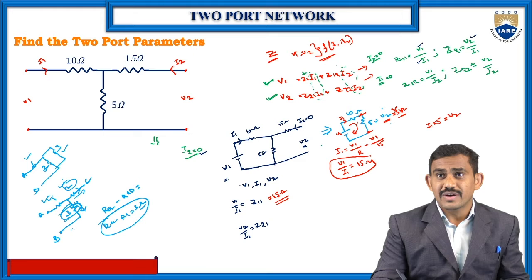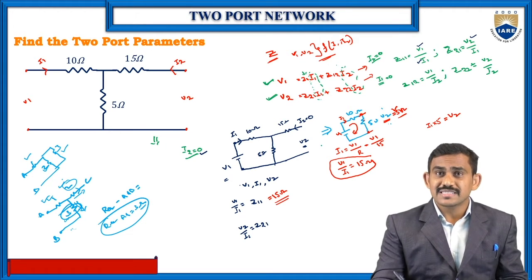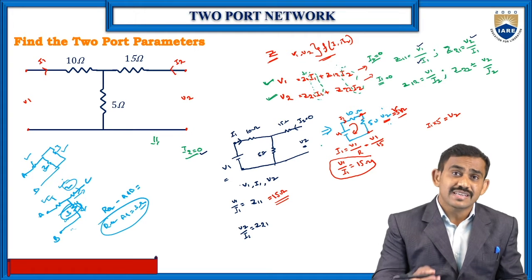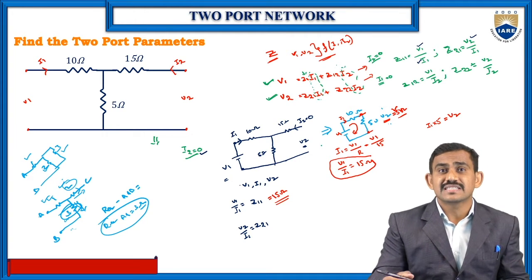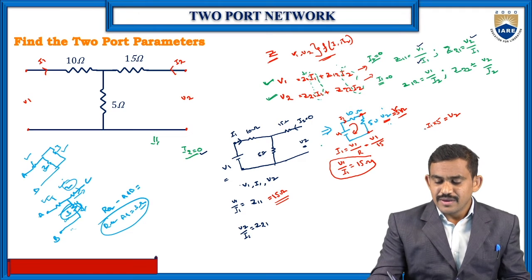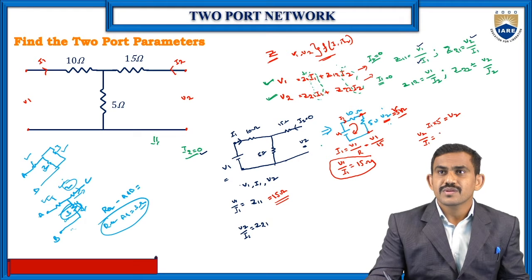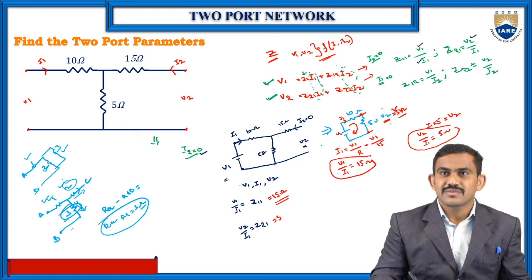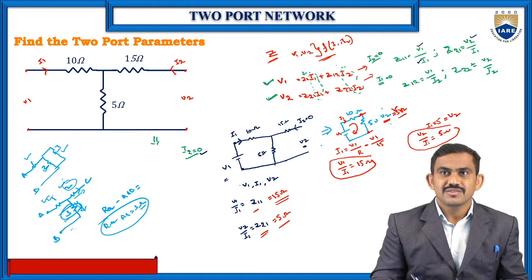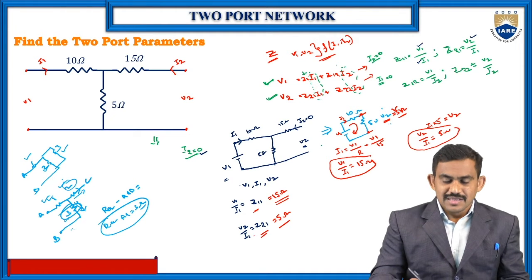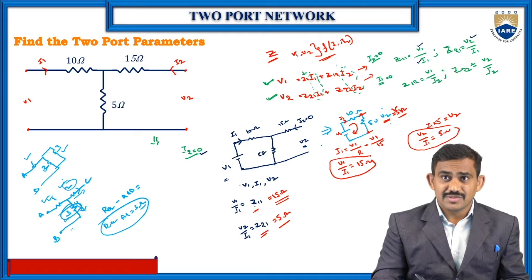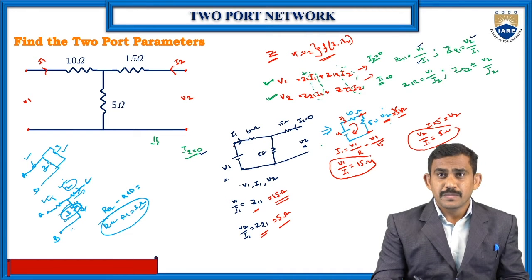So the voltage at the 5 ohms is I into R, that is I1 into the 5 ohm resistor. So V2 by I1 is nothing but your 5 ohms, your Z21 value. So Z11 value, Z21 value. Okay guys, so for Z11 I want V1 by I1.